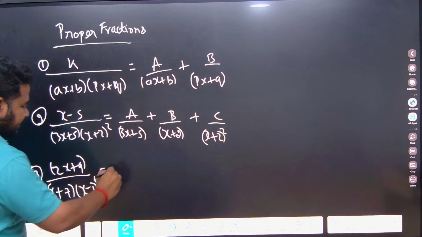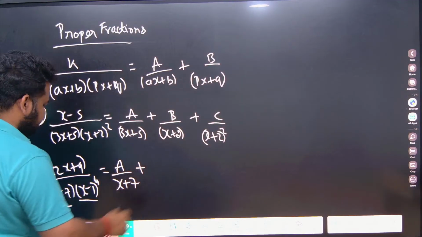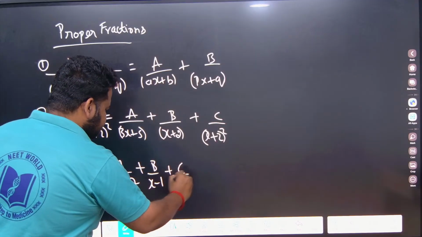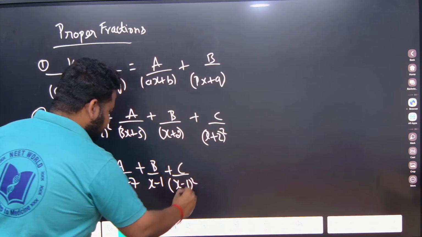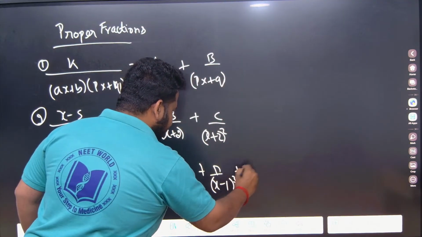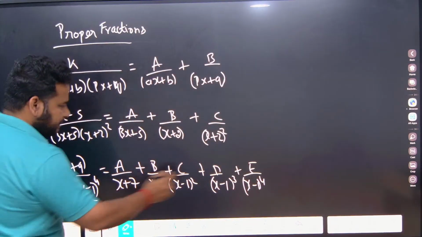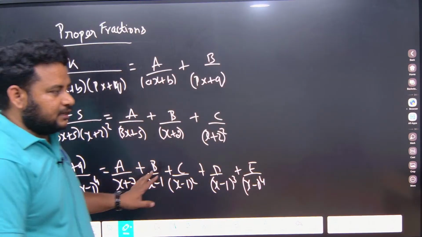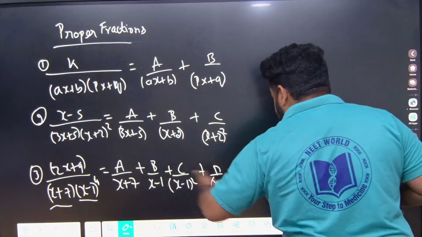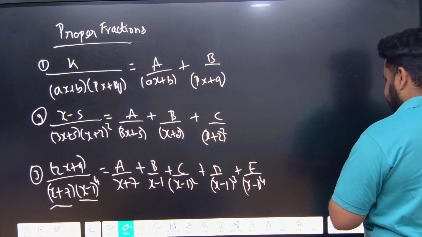So here I will write A by x plus 7, which you already know, we have done for IPE also, B by x minus 1 plus C by (x minus 1) whole square plus D by (x minus 1) whole cube plus E by (x minus 1) whole to the power of 4. Till we get to the power of 4, we have to write. Clear? Understood? Till the highest power, we have to write it like this. This is repetition form.